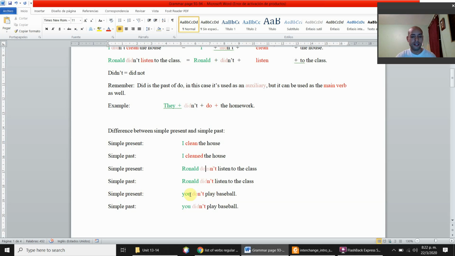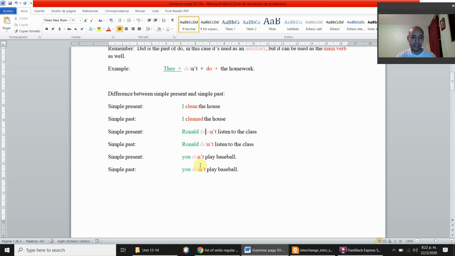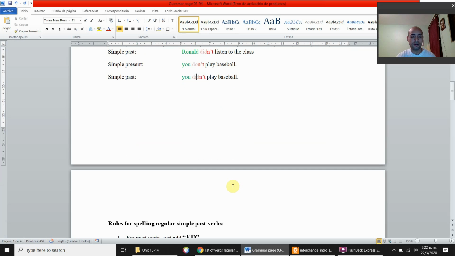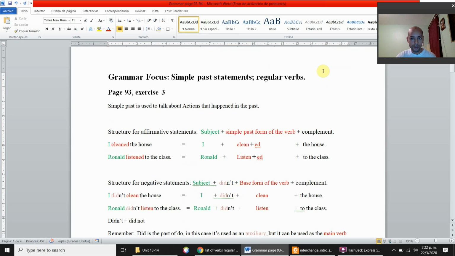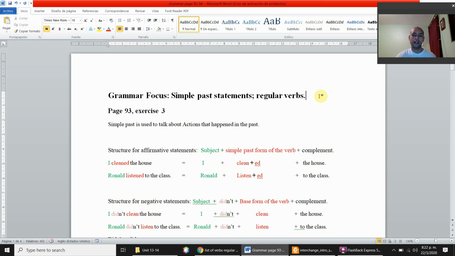Now in the simple present form, in this example we're using the second person. You don't play baseball. In the simple past, what changes is again the auxiliary. You didn't play baseball. So this is the explanation of this grammar focus, the simple past statements.